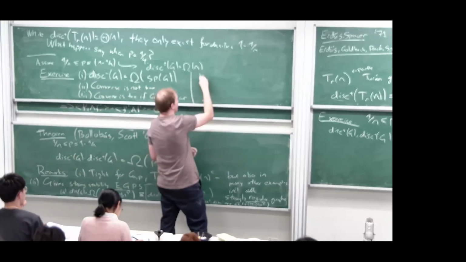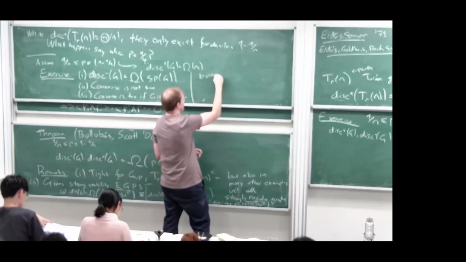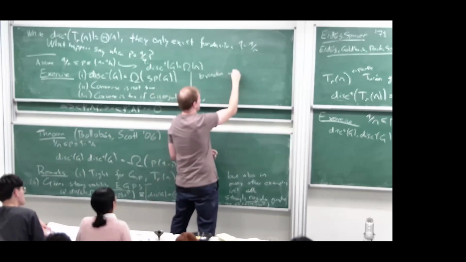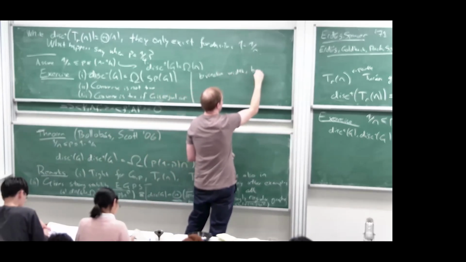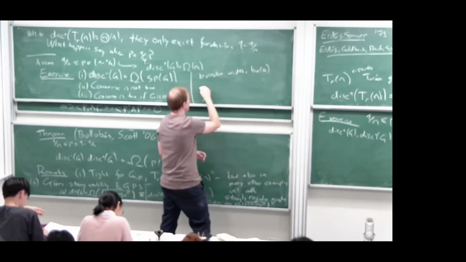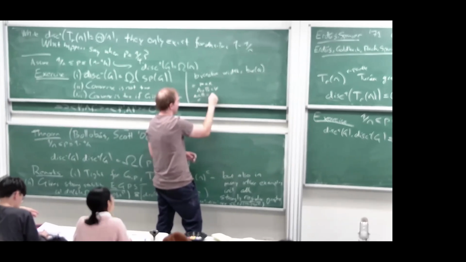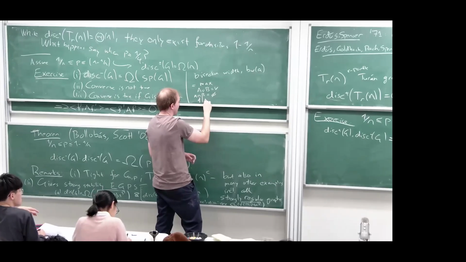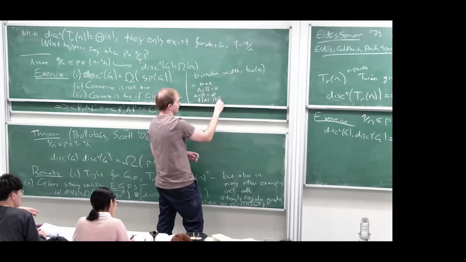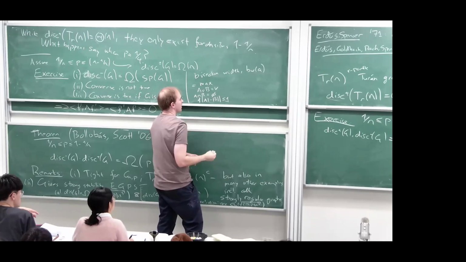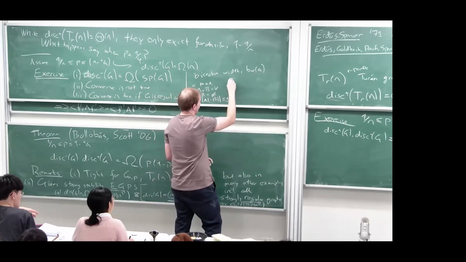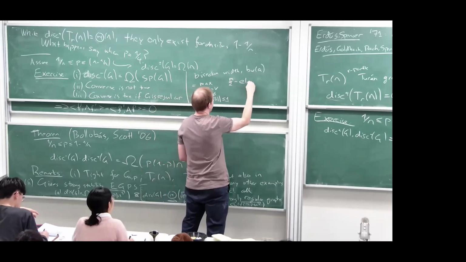Finally, we can define the bisection width, denoted by BW of G, to be the maximum over the partition of the vertices, and now with A and B being very close to each other, of M divided by 2 minus the number of edges.